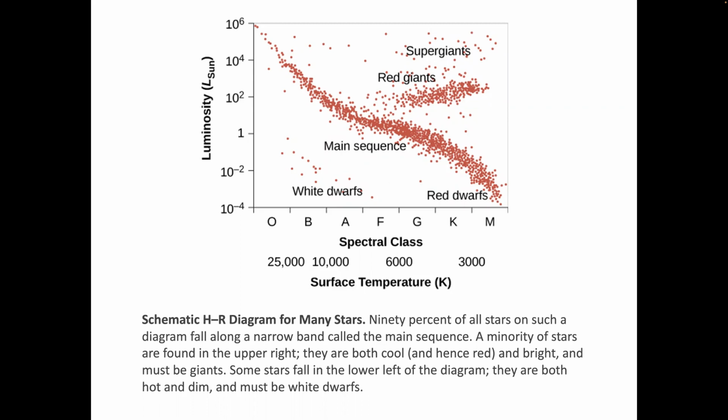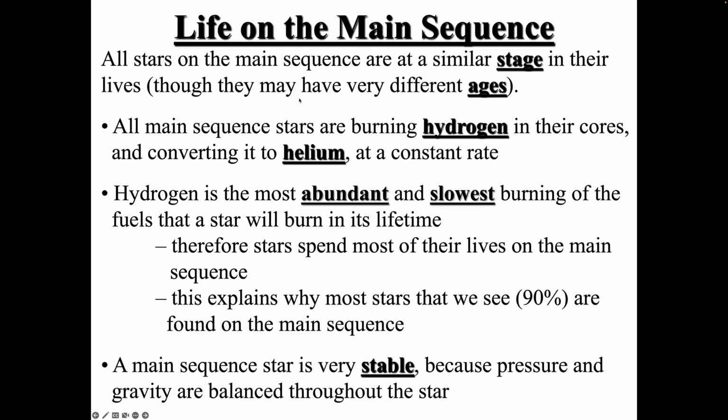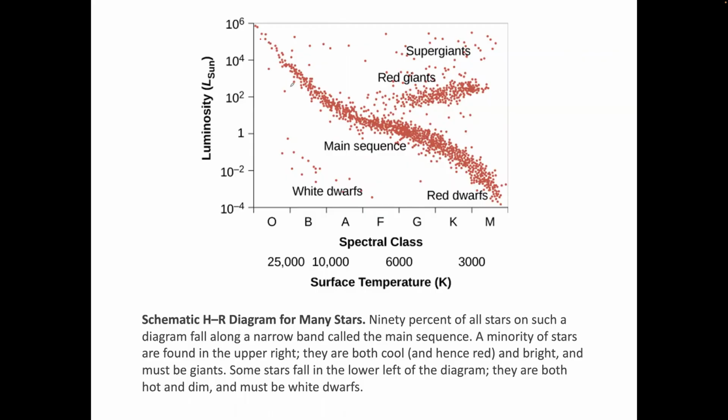And this is a schematic diagram of the HR diagram for a large number of stars, right? And statistically, you can see there are prominent features here. The one important thing is that you can see this set of stars right here, which forms a line or a close-to-linear structure.